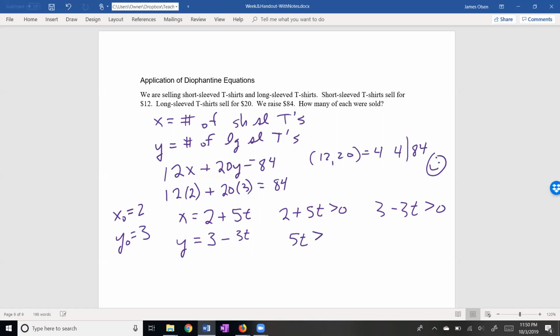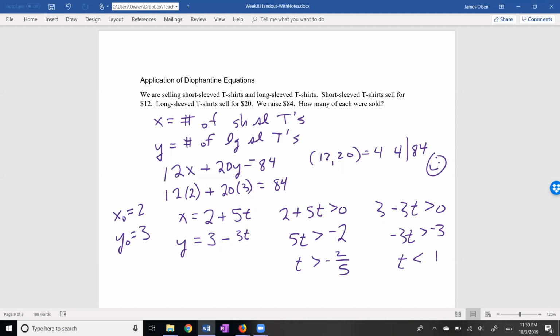5t is greater than negative 2. T is greater than negative 2/5. And over here, we have negative 3t is greater than negative 3. Dividing by negative 3, we get t is less than 1.